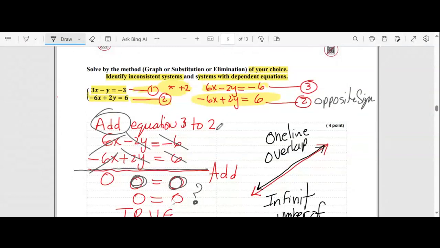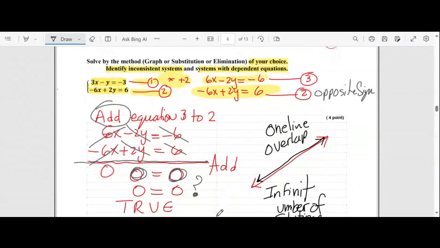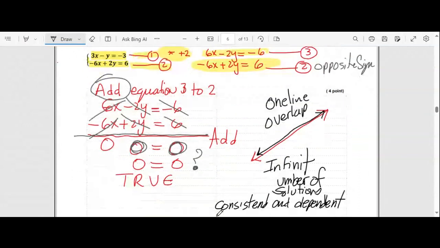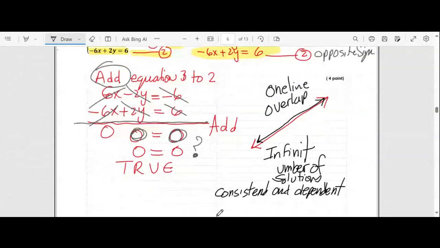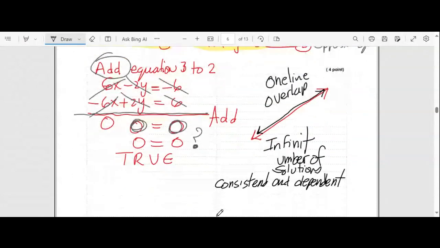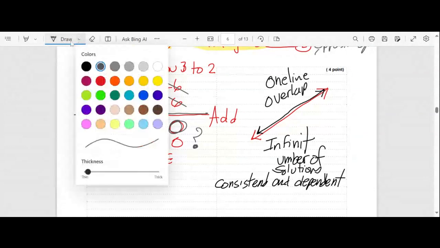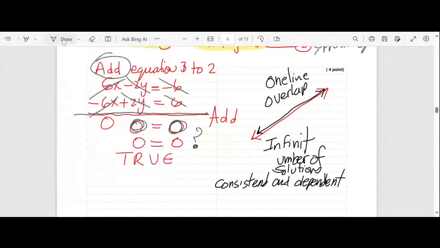True. So in this case, what type of lines are they? They overlap. Means how many solutions? Infinite number of solutions.